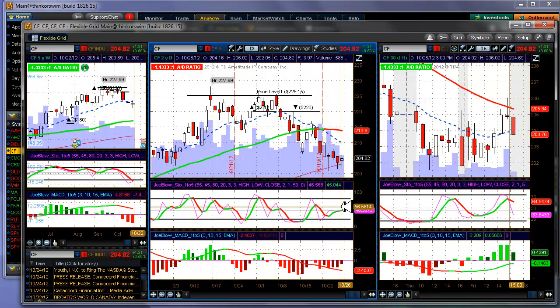Currently in a downtrend. I'm waiting for it to get up to 80 and then hook down before I would do any sort of credit spread on this particular one. You can see that I did one back here, not using these rules because this is totally contrary to the rules.